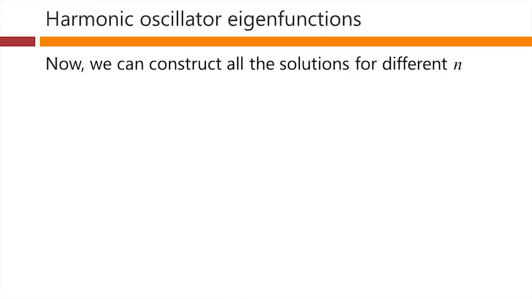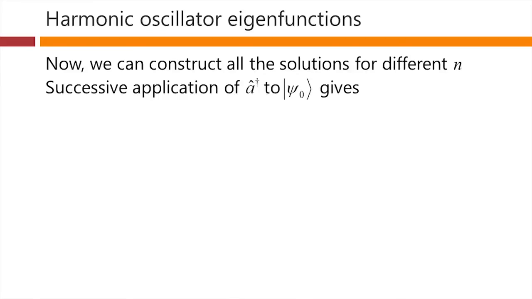Now, more importantly, perhaps, we can construct all the solutions for different n by successive application of the creation operator to that lowest state. Operating n times with the creation operator on the lowest state, psi 0, gives us the square root of n factorial times psi n. So this is a way of representing psi n.